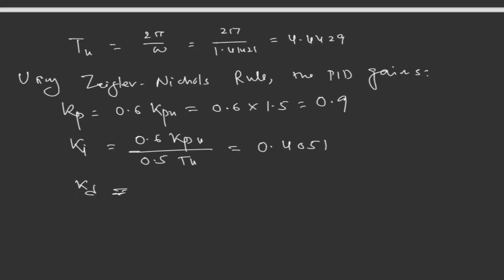Kd equals 0.6 Kpu into 0.125 Tu, and if you substitute the values of Kpu and Tu, the value comes out to be 0.4998.